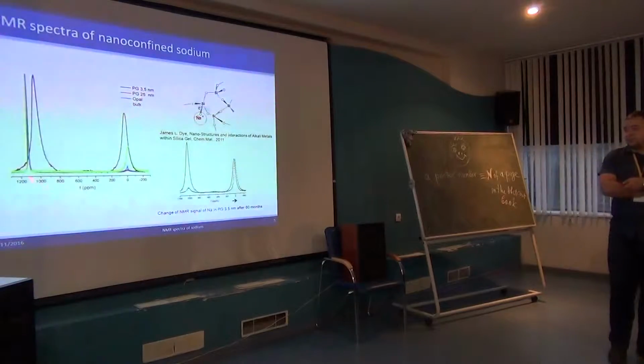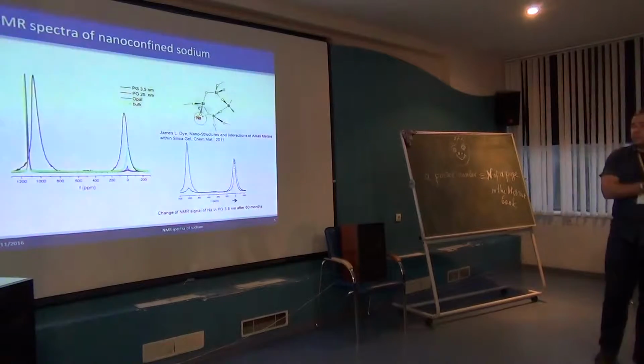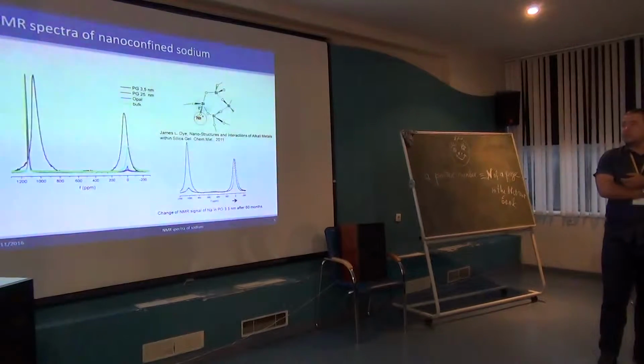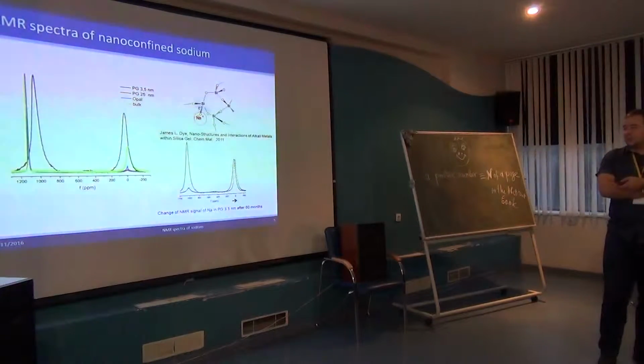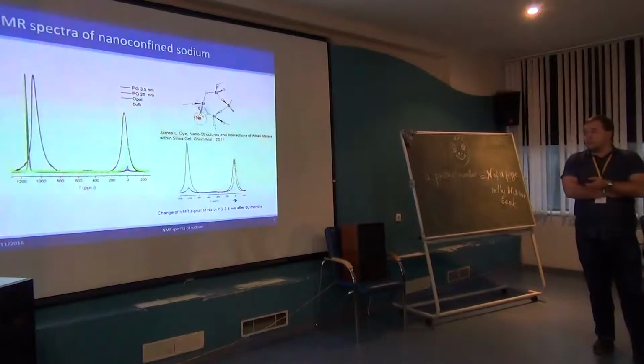On this plot, you can see NMR spectra of bulk sodium marked with the green line, sodium embedded into a opal matrix, blue line, red line is corresponding to sodium embedded into porous glass with pore size 25 nanometers, and black one is corresponding to porous glass with pore size 3.5 nanometers.